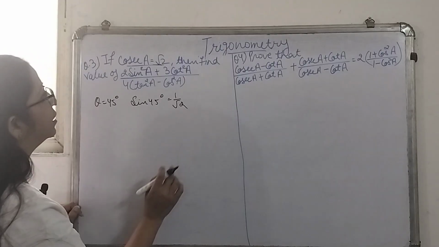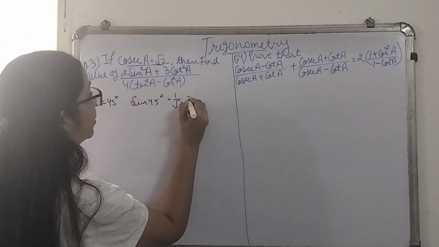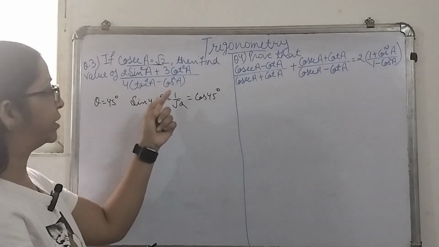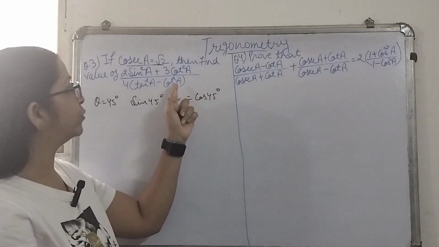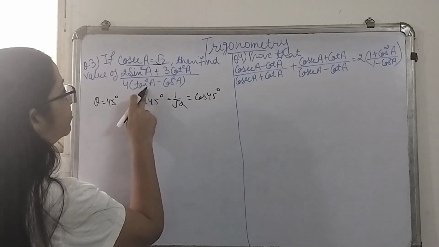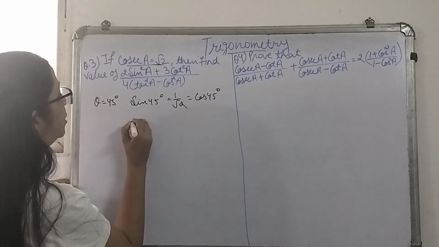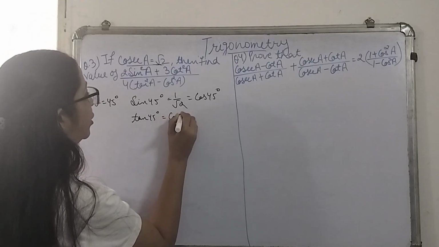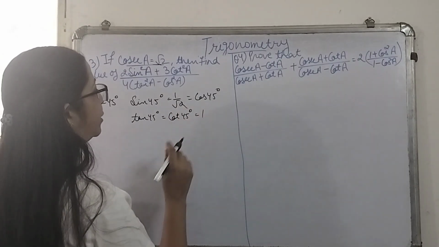Cos 45 is even 1 upon root 2. Now we want tan 45 and cot 45 also. So value of tan 45 is equivalent to value of cot 45 and it is equivalent to 1.